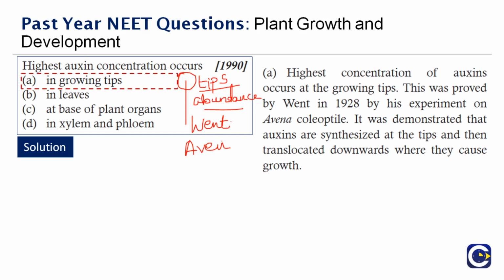Therefore, the correct answer to this question is option A. In these kinds of questions you'll be given hints, certain keywords which will actually give you the answer. So when you talk about the highest concentration, we already saw an example of apical dominance where auxin is produced in the tips. So you can relate that and answer this.